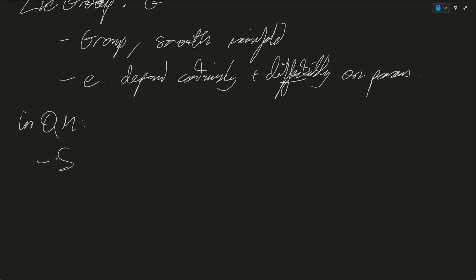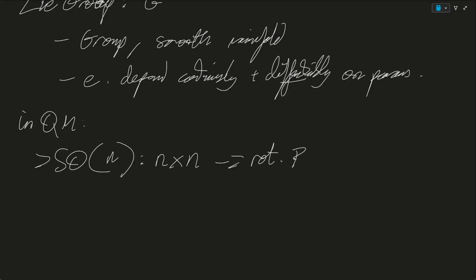SO(n) is the real n by n orthogonal matrices with a determinant of +1, and these give us our rotations in R^n.